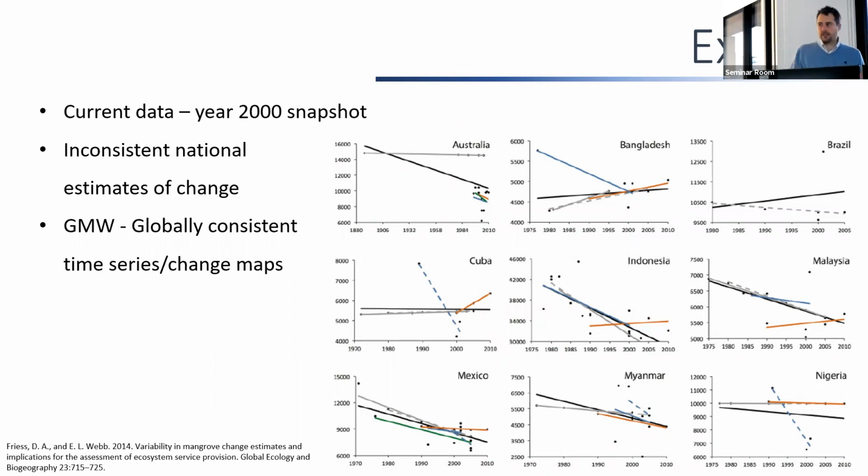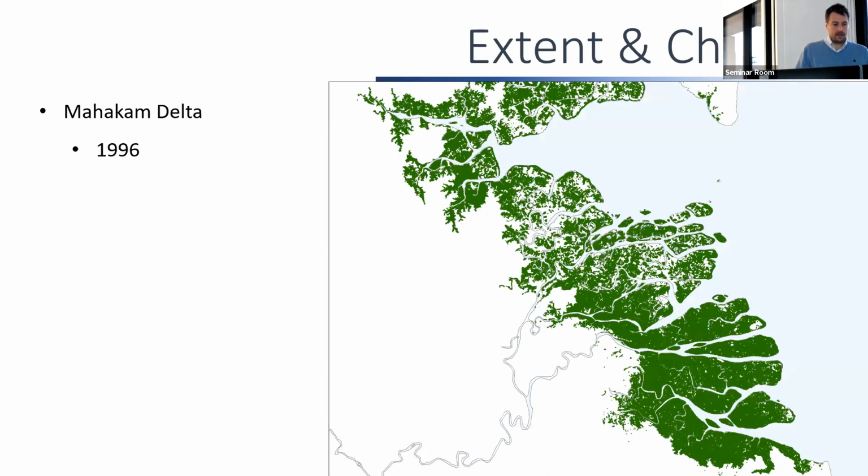In about 2018, there was the first really globally consistent time series and change map developed by the Global Mangrove Watch. This was a collaboration of the University of Aberystwyth, Wetlands International, and Solo EO. And their aim was to map mangrove extent and change over a 20-year period, so from 1996 through to 2020.